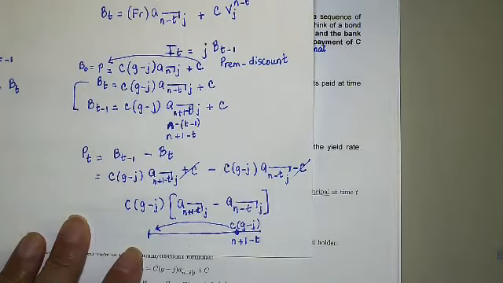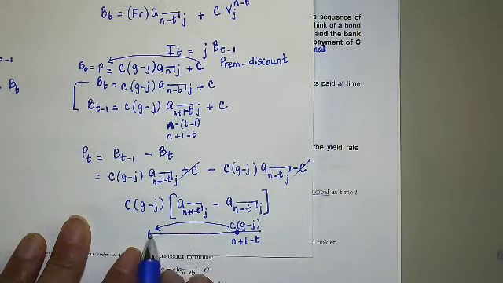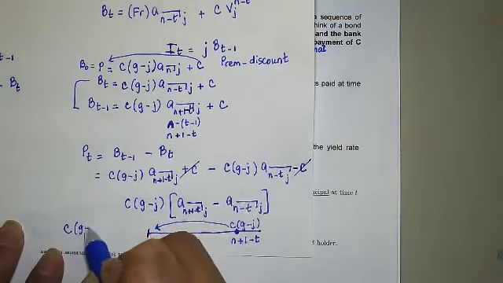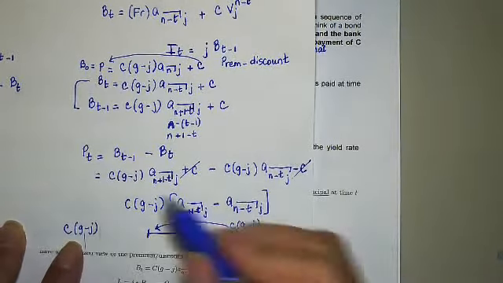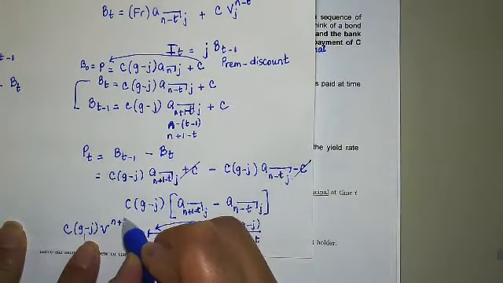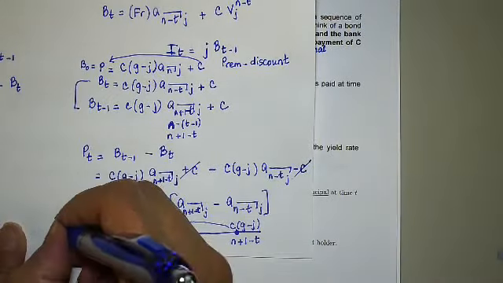And I want its present value, right? So the present value of this one payment would be obtained by multiplying by V to that power. Isn't that how we discount any payment? So here I have one payment, CG minus J, and I want its present value. Just discount it.